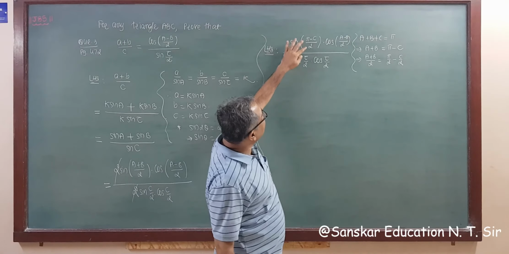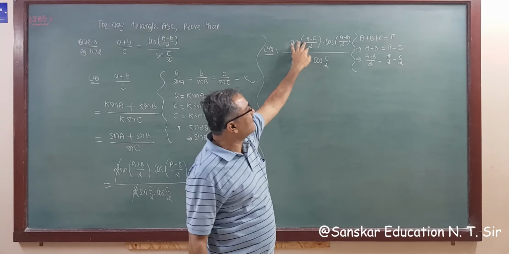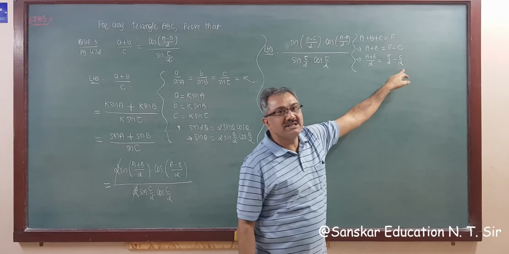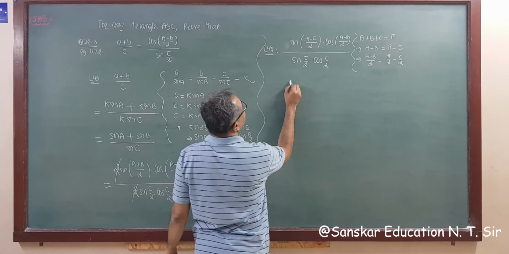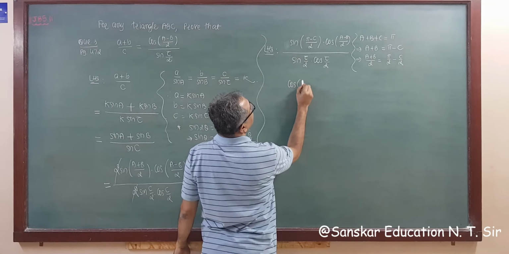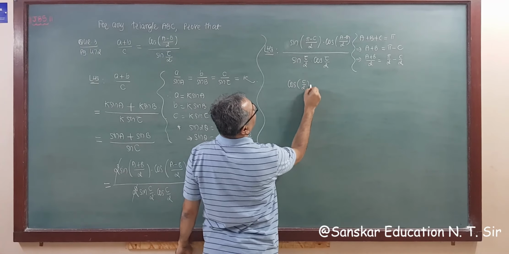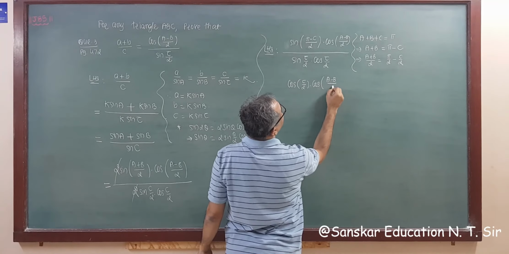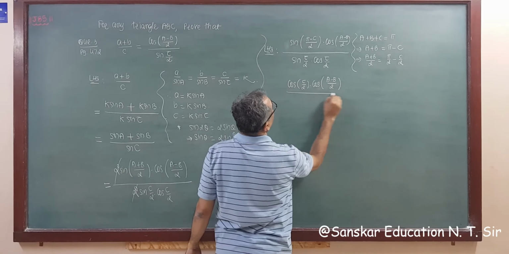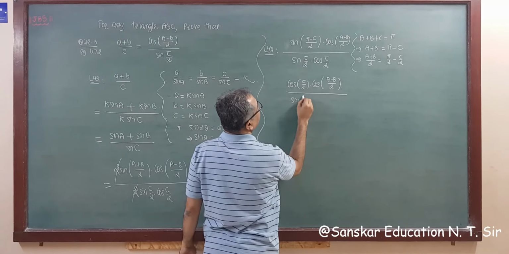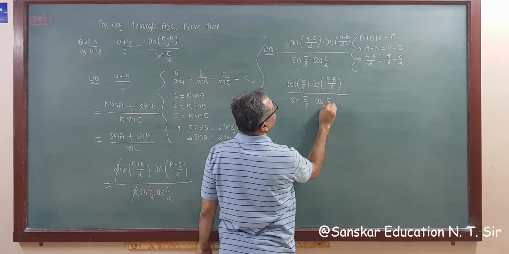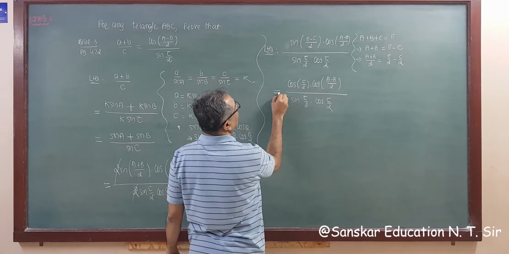Now, if we write this separately, this is pi by 2 minus c by 2. So sin (pi by 2 minus c by 2) is cos c by 2. So this is cos c by 2 into cos (a minus b) by 2 whole upon sin c by 2 into cos c by 2. Right?